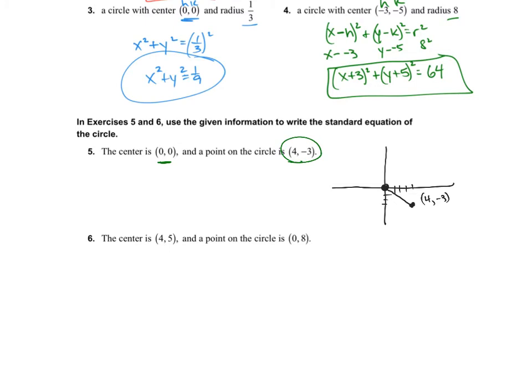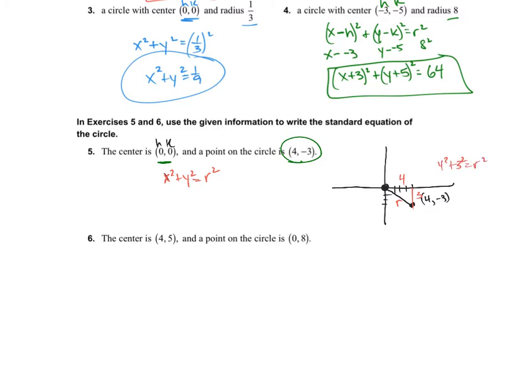So I know the center, so that part of it is easy. This is h and k. Let's use another color here. So this is h and k, so this will be x squared plus y squared equals r squared. I just need to find what this r is. Well, I can just use the Pythagorean theorem. That's 4, that's 3. 4 squared plus 3 squared equals your r squared.